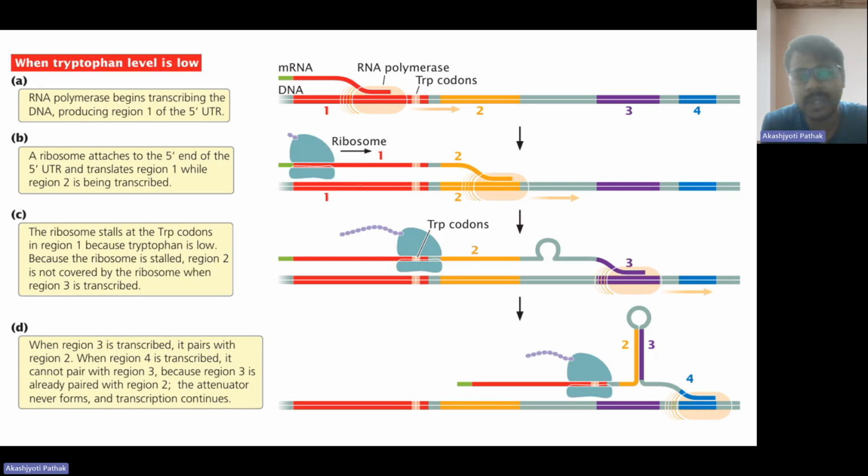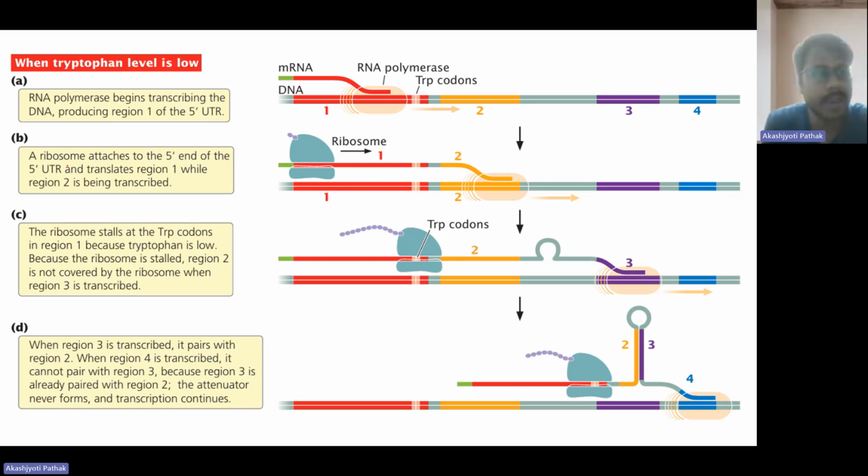You can see in this figure that both processes are taking place simultaneously. The RNA polymerase is transcribing the mRNA, and at the same time, my ribosome has attached to the mRNA molecule and has started translation of the mRNA to synthesize my protein molecule.